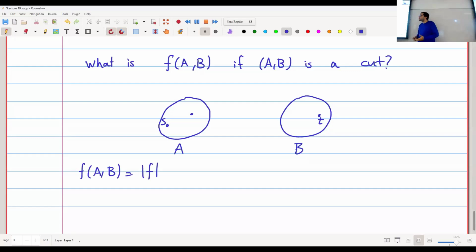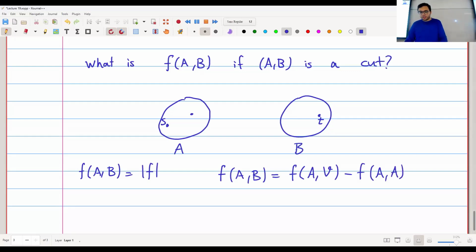Okay, I can prove this as well. What is the flow from A to B? How can I write this? I can say that this is the flow from A to all the vertices minus the flow from A to itself, because all of the vertices is just B union A. What is the flow from A to itself? 0.